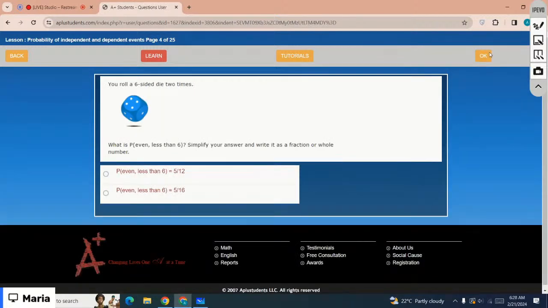You roll a six-sided die two times. What is the probability of even and the probability of less than 6? So, which is the correct option?